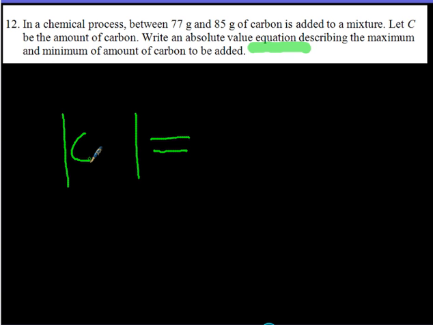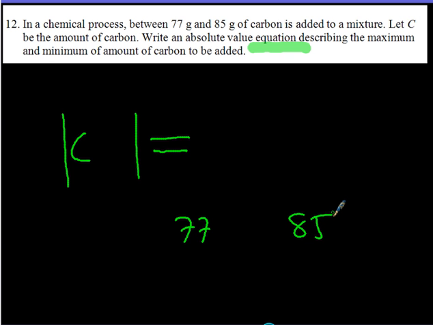So what I ended up with in this one is that I have 77 is the minimum amount, and 85 is the maximum amount. They're not asking for 77 and 85, right? They're asking for an equation that will give that as the result.